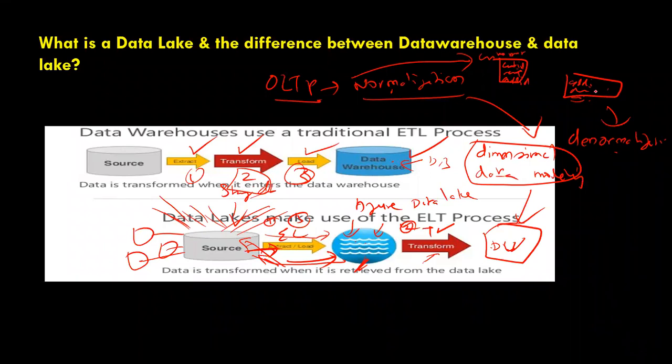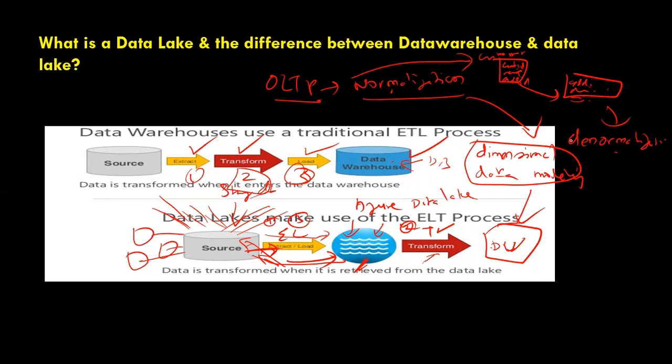If possible, try to reduce the total number of tables by combining them into a single table, so that we can avoid joining too many tables. Joining too many tables will take a lot of time. It will have serious performance issues, especially if the data volume is very high. Nowadays, we are dealing with huge volumes of data.